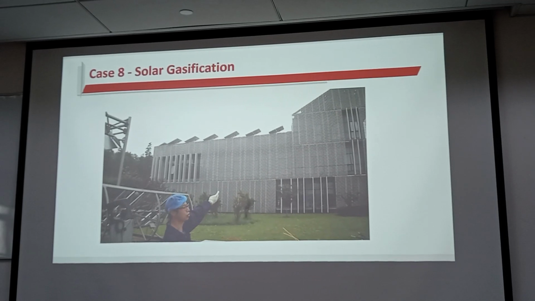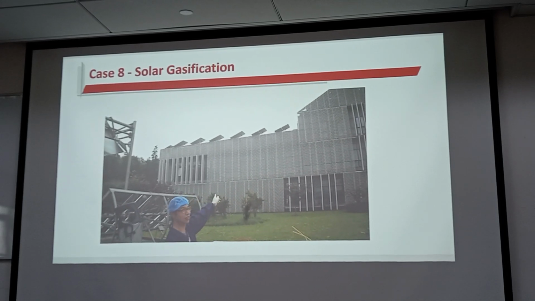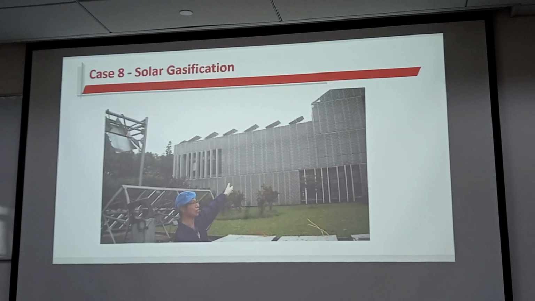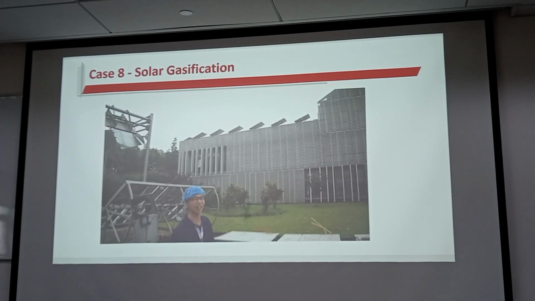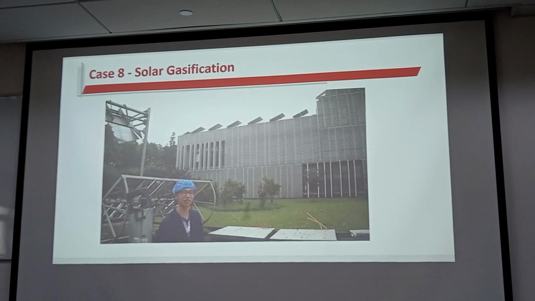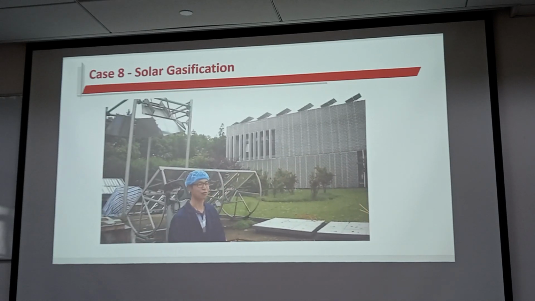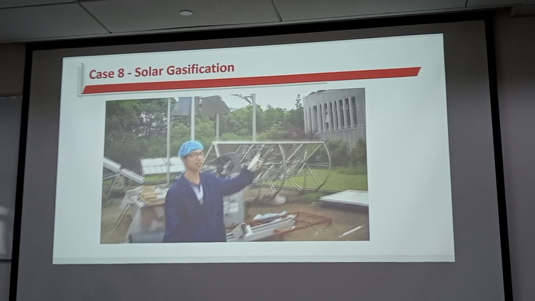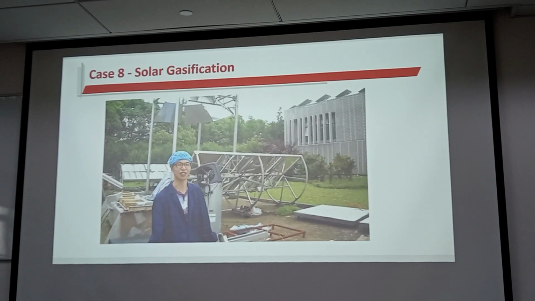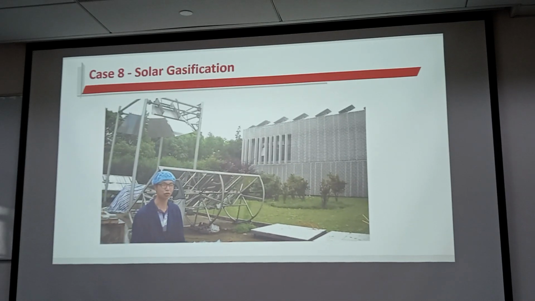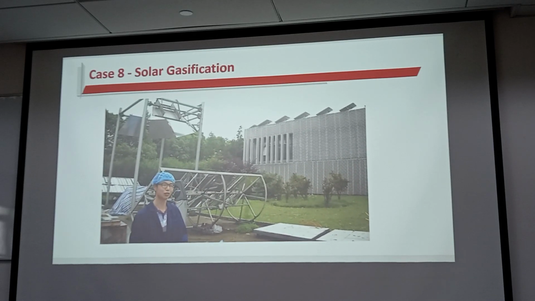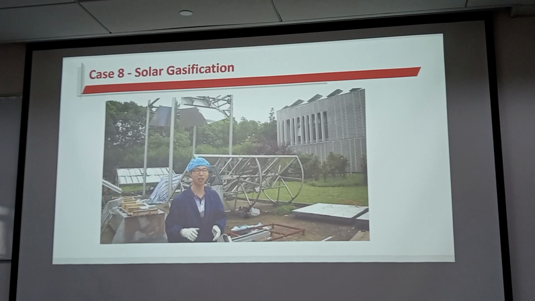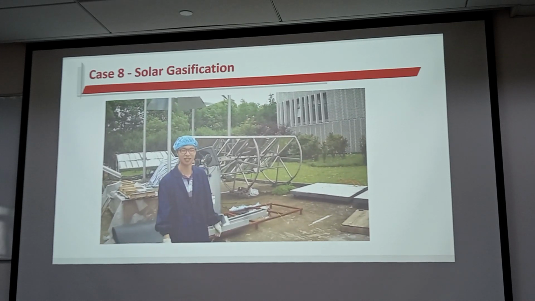On top of this building, there are solar PV and also some solar thermal panels to convert solar energy to thermal energy. And this temperature is up to 80 degrees C to produce hot water and also to transfer solar thermal energy to cooling energy for the buildings.